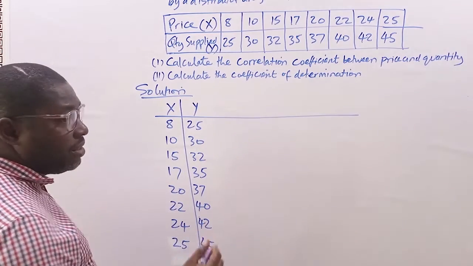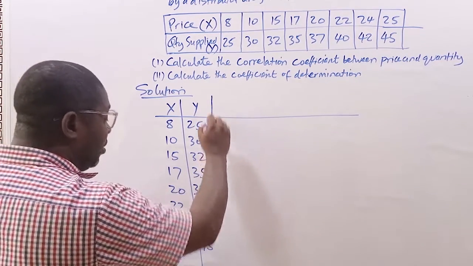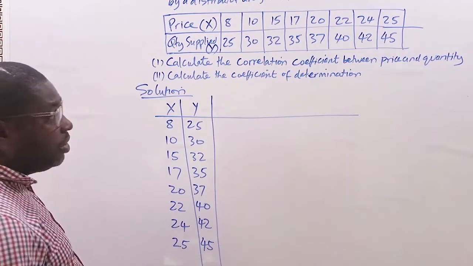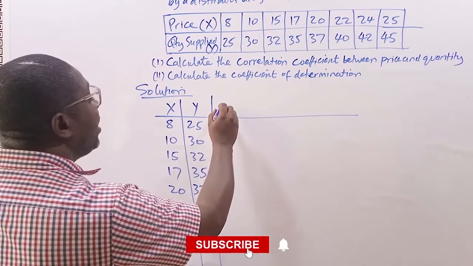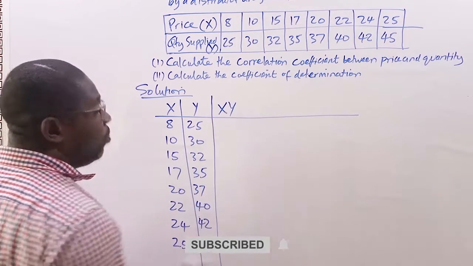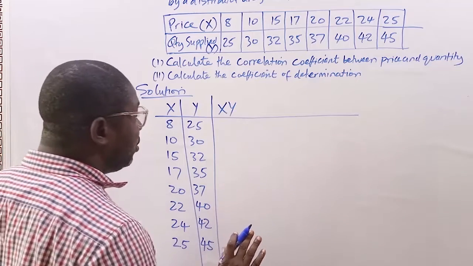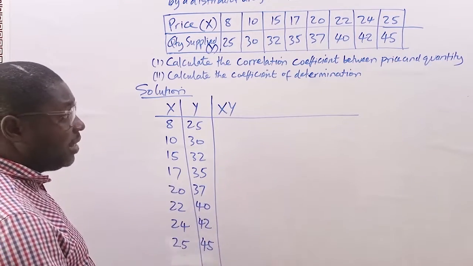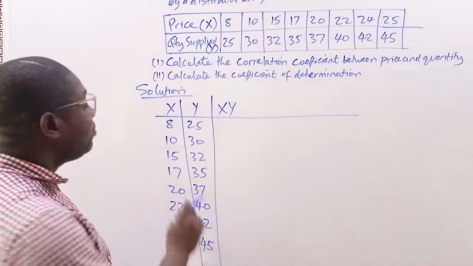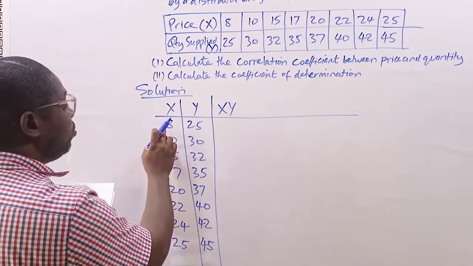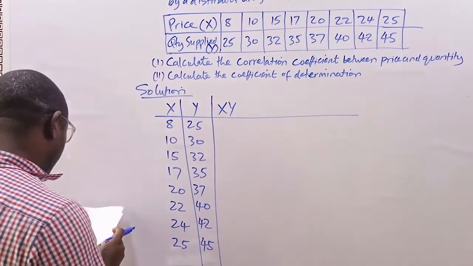We now need to find three very important things. And the first one, you remember, is to find the product of X and Y. That's the first thing you find. So let's do that together. Please follow me along. I want to find the product of X and Y, so you multiply this against this one.